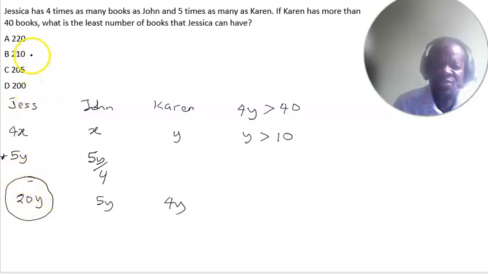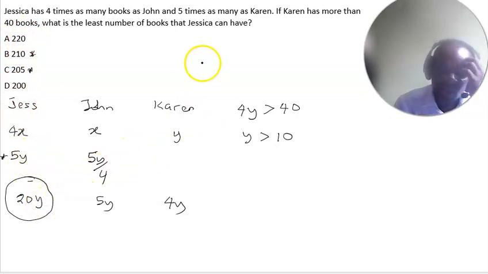So that means this cannot be the answer because 210 is not a multiple of 20. Now, this cannot be the answer either. So from just that information, we have eliminated B and C. So since what we are looking for is a multiple of 20, that leaves us with D and A.